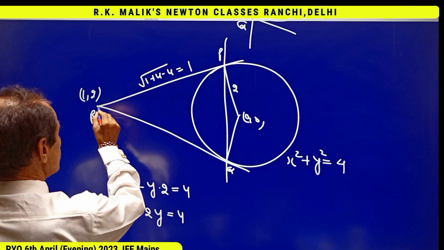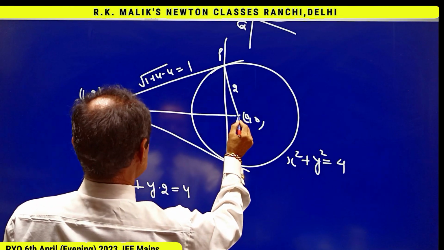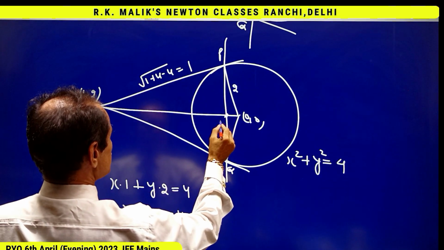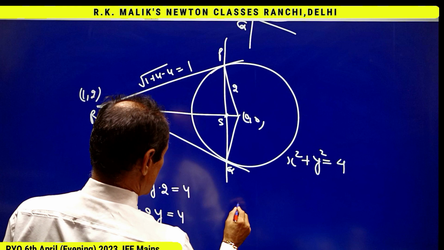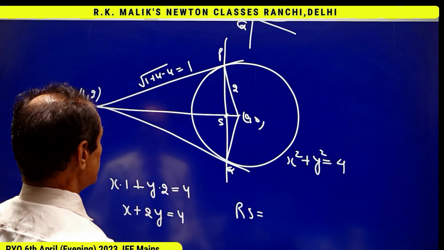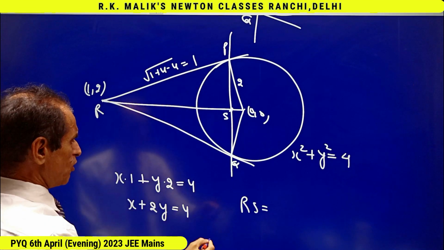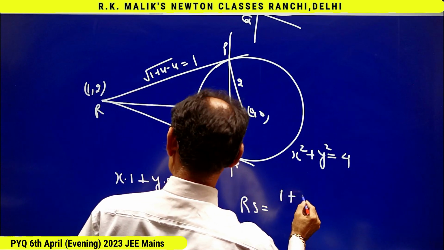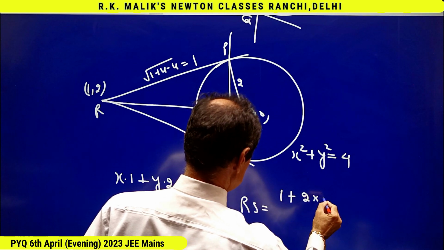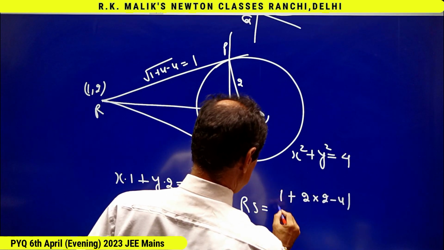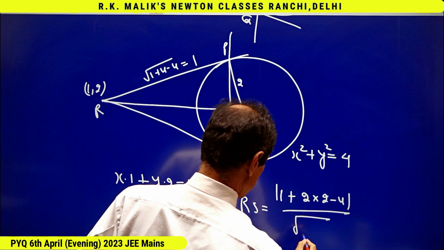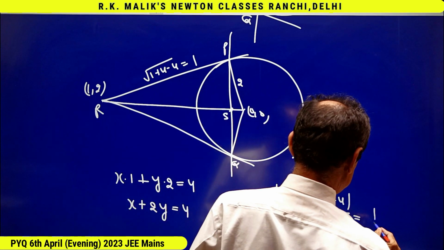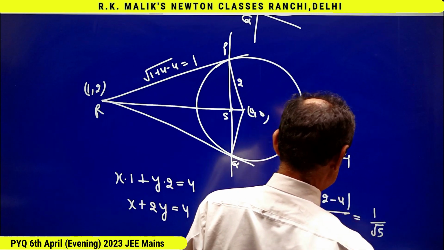And now if I draw perpendicular from R on PQ, say this point is S, then RS will be equal to, because the equation of PQ is this, |1 + 2 into 2 − 4| upon under root 1² + 2², that is 1 by root 5.